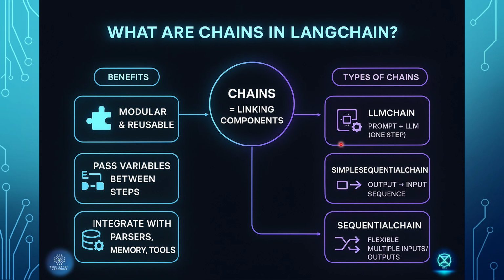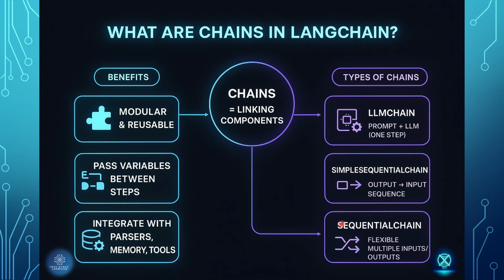And what are the different types of chains in this tutorial? I'm going to cover basically three main chains. That is the LLM chain, which is basically a single step prompt plus LLM. Then we have the simple sequential chain, which runs multiple chains in sequence order only, with the output of one becoming the input of the next.